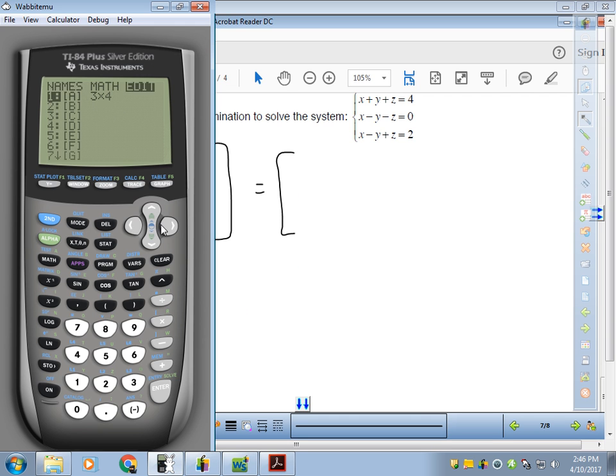So we're going to go into our matrices, we're going to edit it. It's still 3 by 4. So I have 1, 1, 1, 4, 1, negative 1, negative 1, 0, 1, negative 1, 1, and 2.